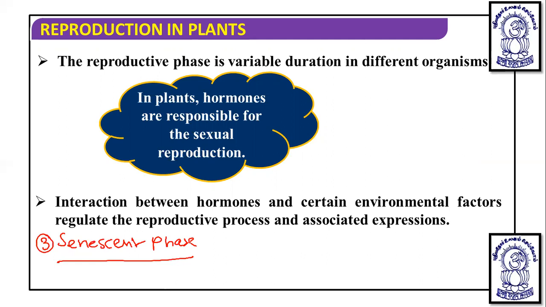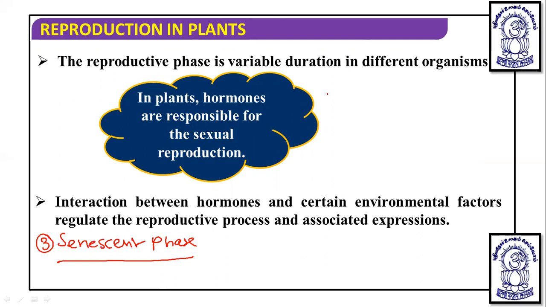And during this phase, what happens? It involves structural and functional deterioration of the body by accumulation of waste metabolites, which ultimately leads to death. So waste metabolites are going to accumulate within the body. So this body deterioration occurs during the senescent phase.